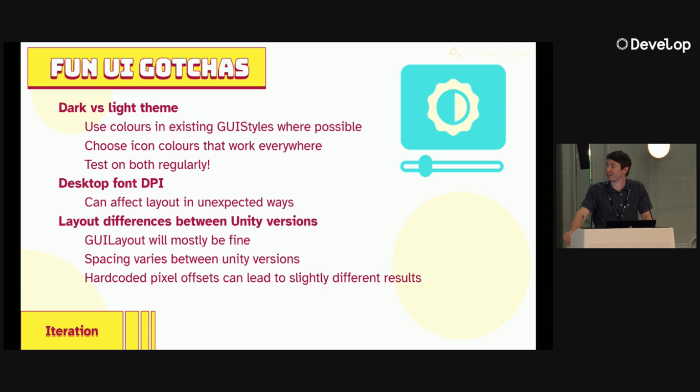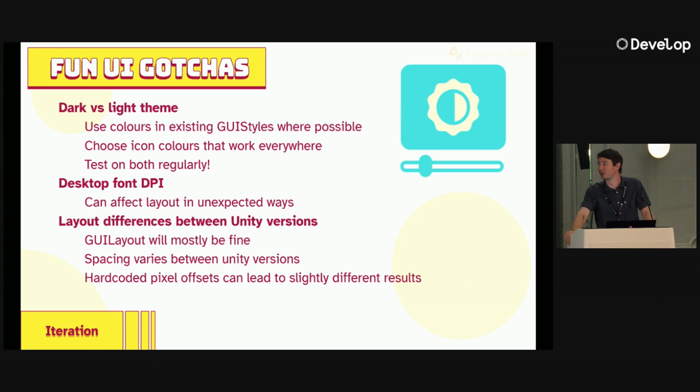Desktop DPI can catch you out very easily. Not just the user's resolution, but their DPI setting. It will change the relative size of text and buttons, and that can often throw off your carefully aligned UI. And finally, there are subtle layout differences between Unity versions.